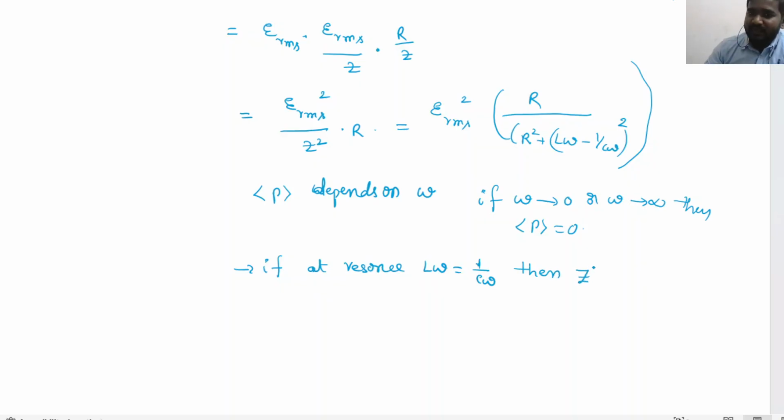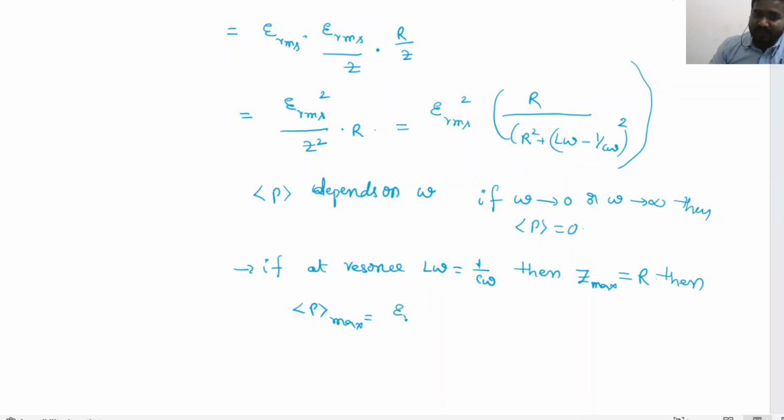Then Z is at its minimum value, and the net impedance is R only. Therefore, we get maximum power. Then the average power will be maximum.